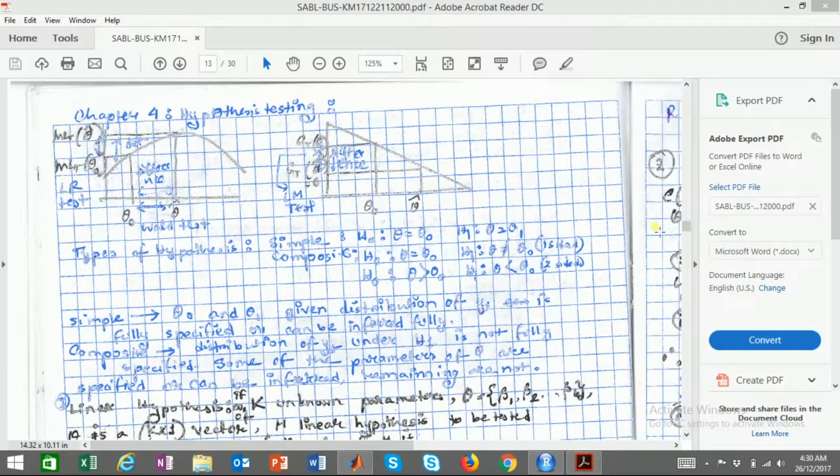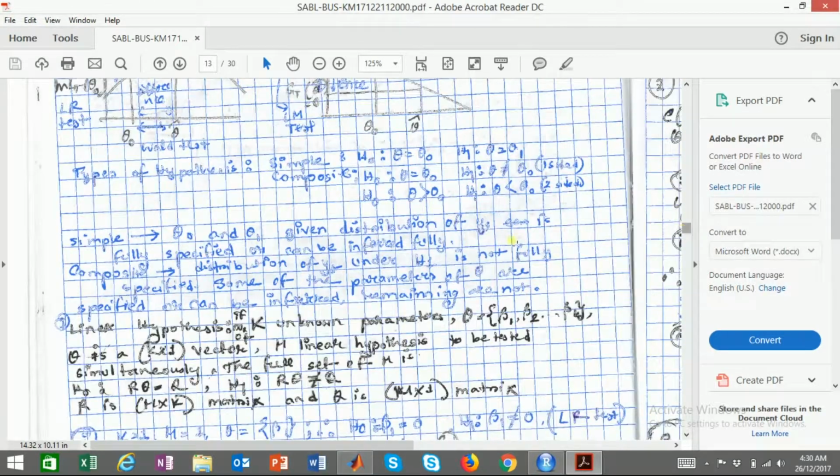So have a look at some of the null and alternative criteria. First, types of hypothesis: simple and composite hypothesis. If you are considering a model based on the distribution of a function yt where the parameters are theta, the null and alternative hypotheses are given by theta naught or theta 1.